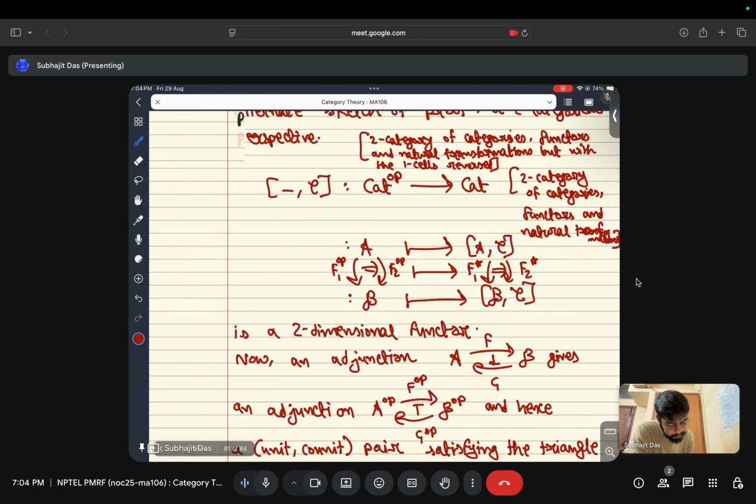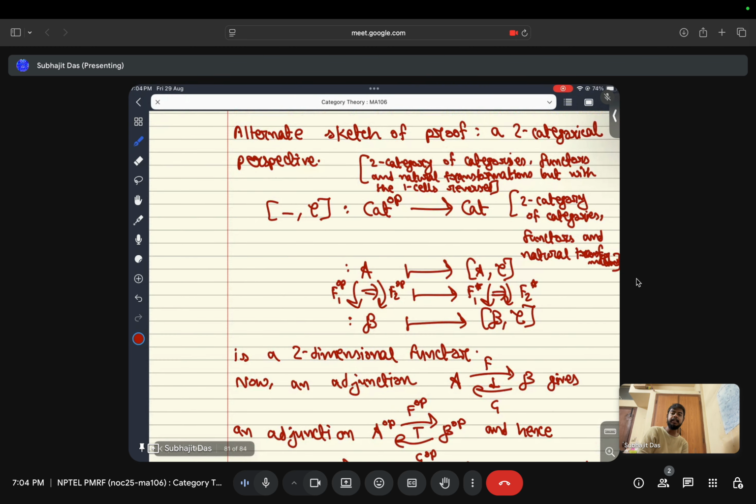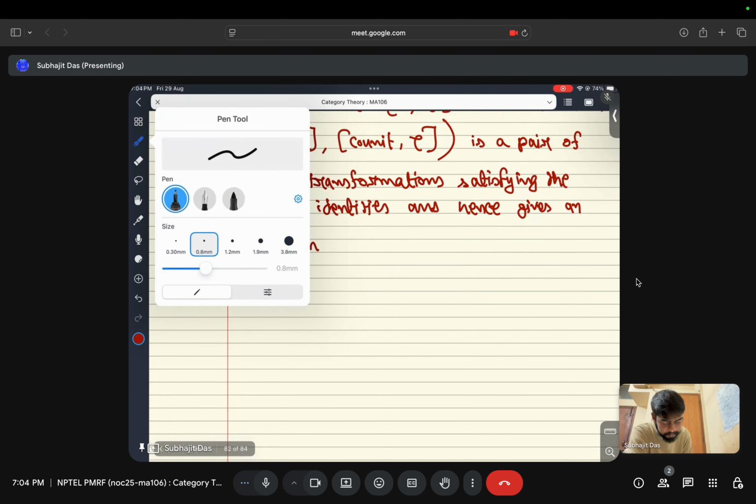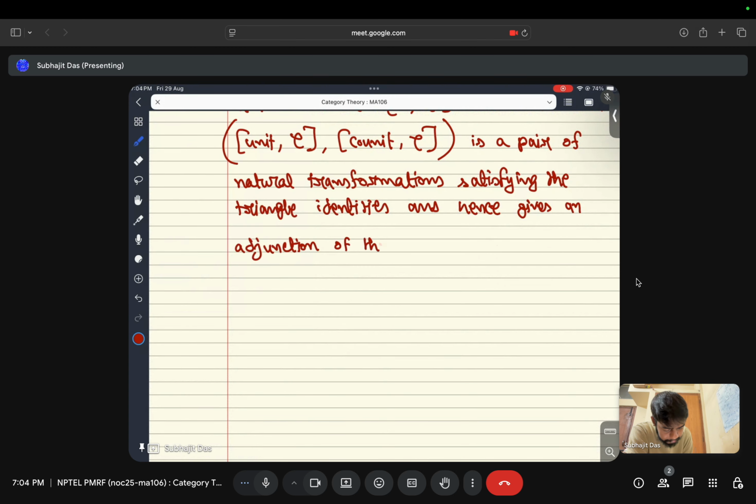There's something I'm a bit worried about. Just check whether the direction of the natural transformation is also preserved. If you take a natural transformation in cat op from f1 op to f2 op, does it actually give you a natural transformation from f1 star to f2 star? If it doesn't, then we might also need to reverse the two cells of cat, so we would have something called cat co-op. And hence it gives an adjunction like this.